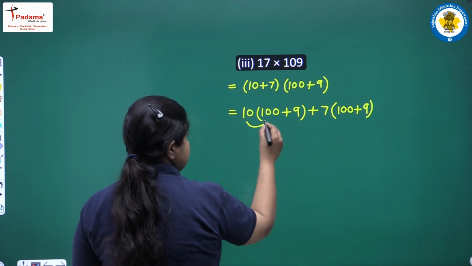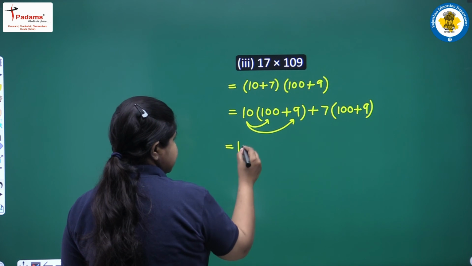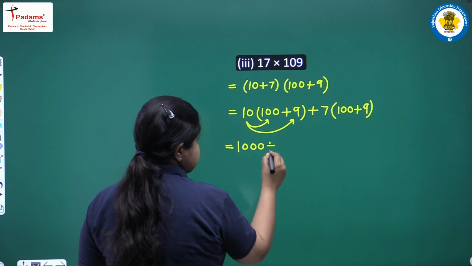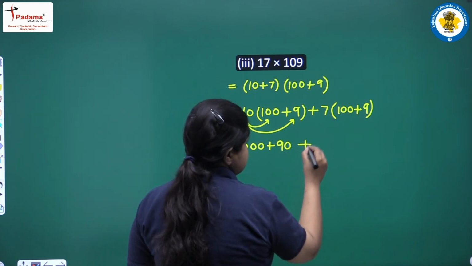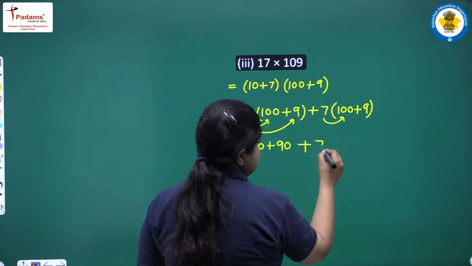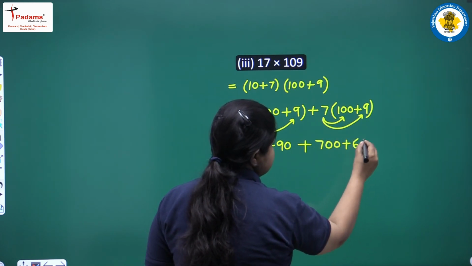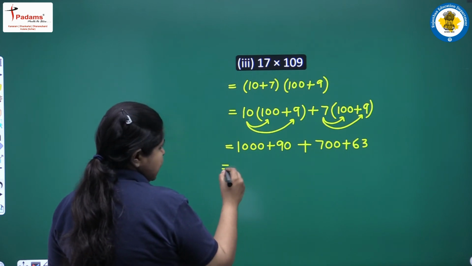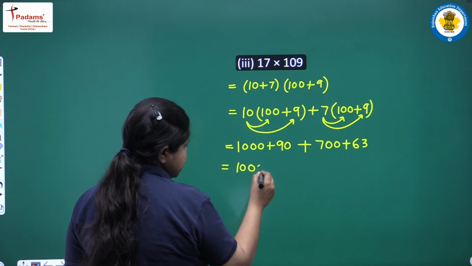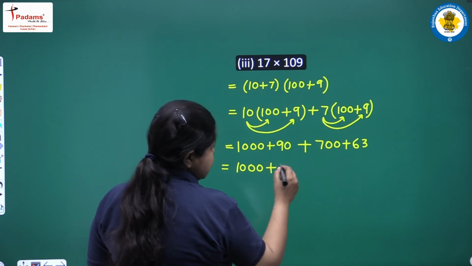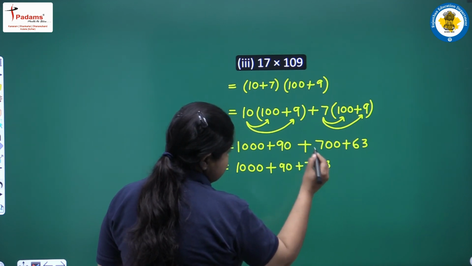Then this 10 will be multiplied by both these numbers and we will get 10 into 100 is 1000 plus 10 into 9 will be 90. Then 7 into 100 is 700 plus 7 into 9 will be 63. Add up the 4 numbers. This will give us 1000 plus 90 plus 763.